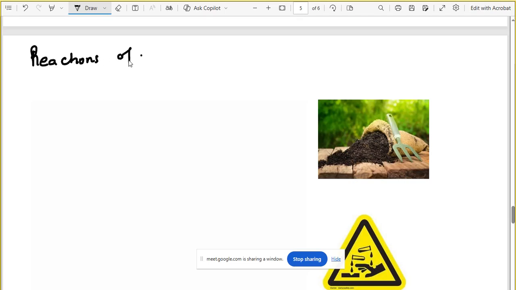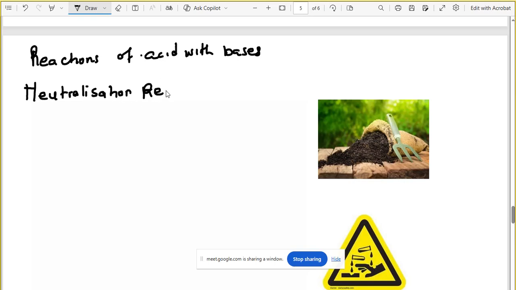So this is the reaction of acids with bases. We call it a neutralization reaction when you have an acid that reacts with a base.